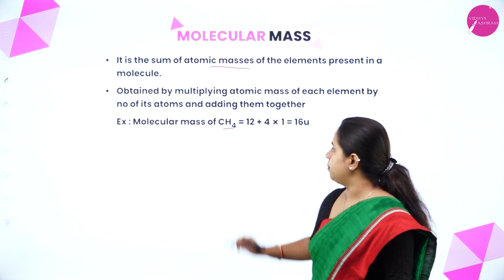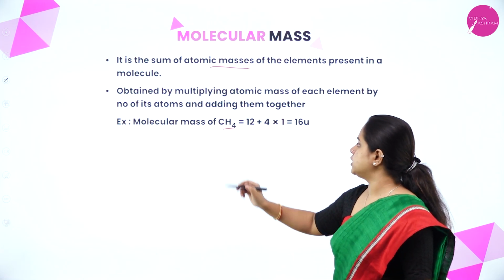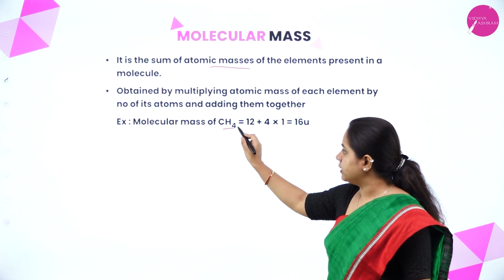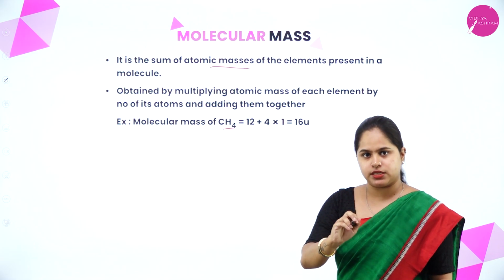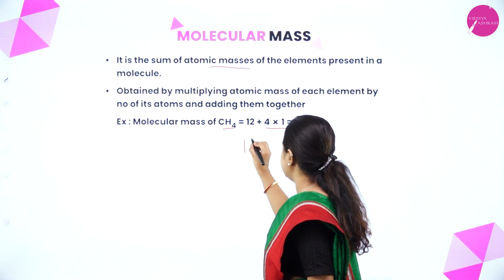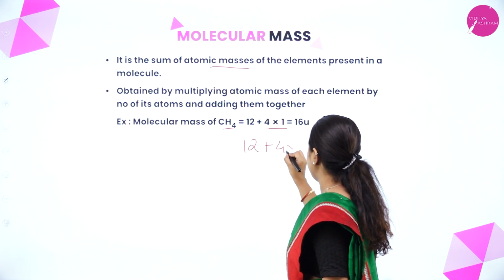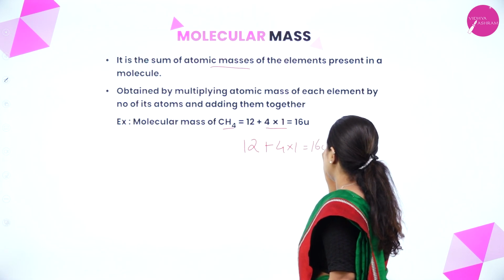You can see the example of methane here, CH4. The atomic mass of carbon is 12 and there are 4 atoms of hydrogen, each with atomic mass 1, that is 4 into 1, which will give you 16 u.